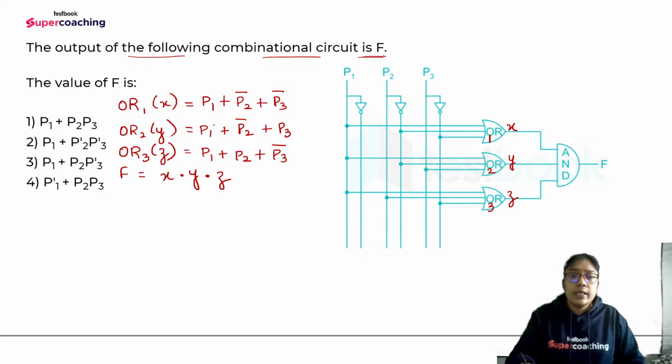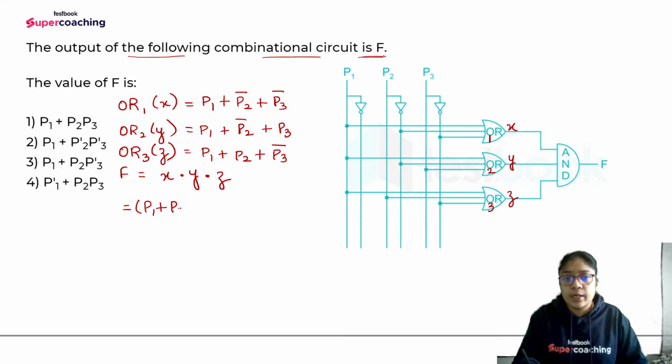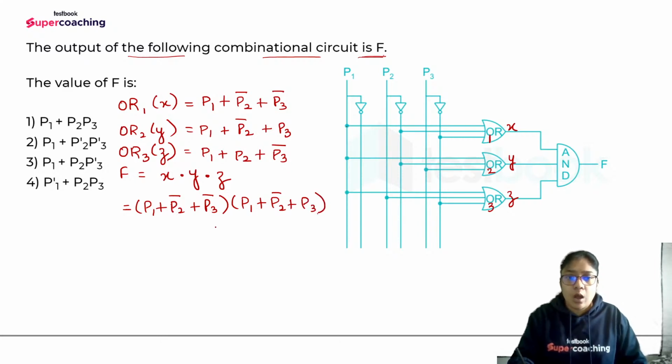Now we will be writing the expression for the function F. So this comes out to be P1 plus P2 complement plus P3 complement. Here we are getting P1 plus P2 complement plus P3, and the output of OR 3.